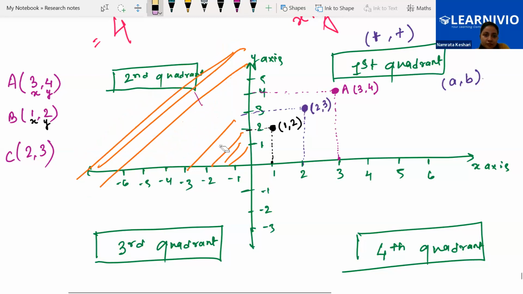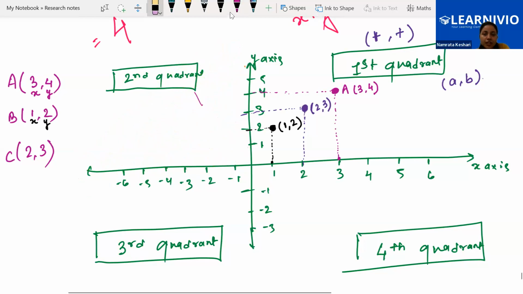That's why we are going to say that in our second quadrant, x will always be negative and y will always be positive. Everyone getting it? Yes, ma'am.